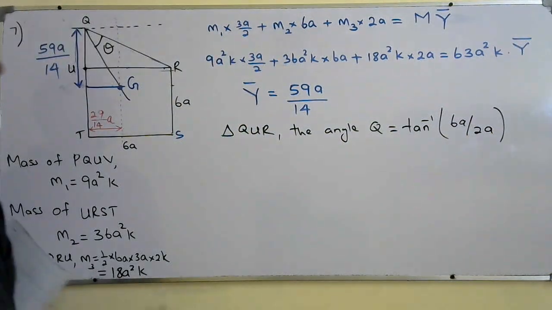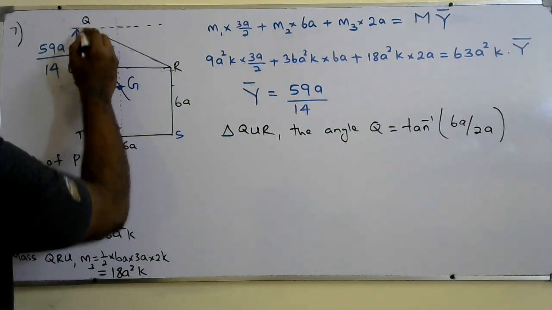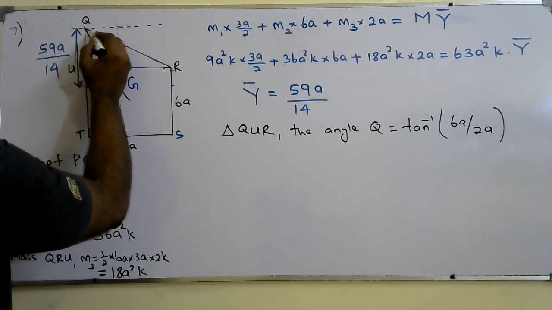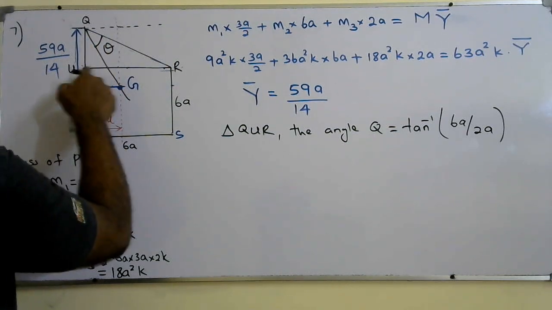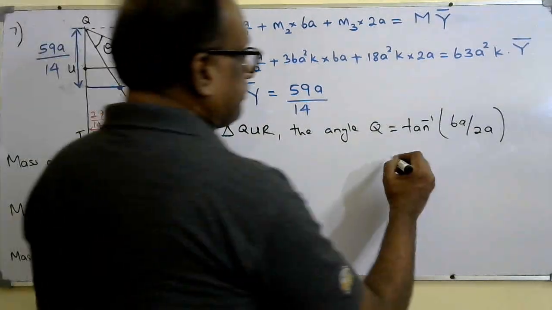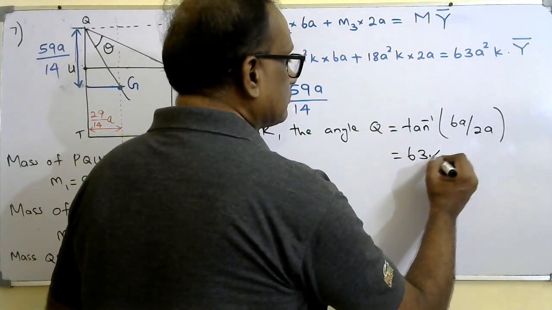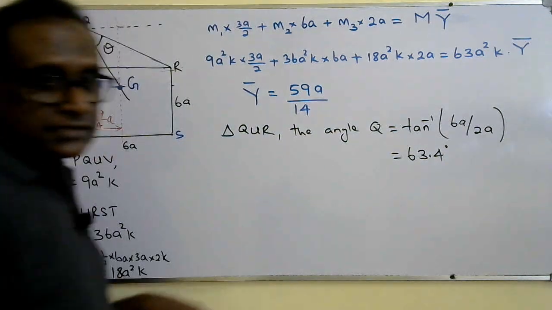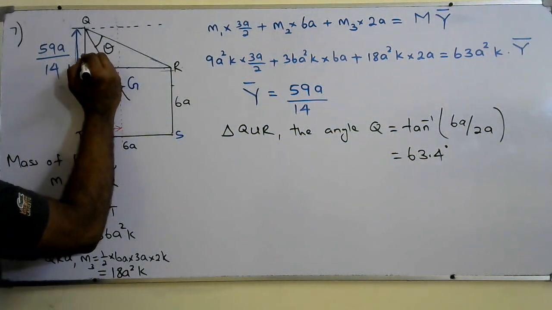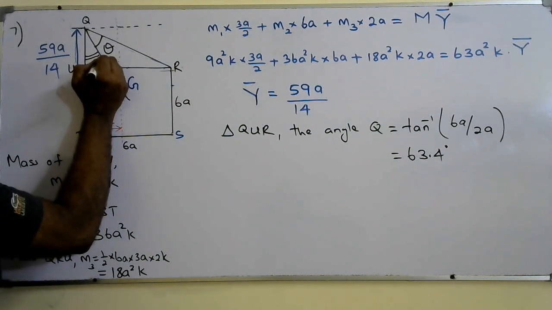Am I right? In the triangle QUR, this angle Q is equal to tan inverse opposite over adjacent. So 6A over 2A, that is tan inverse 3. If you find tan inverse 3, that will be equal to 63.4 degree. Now find this angle, let it be alpha.